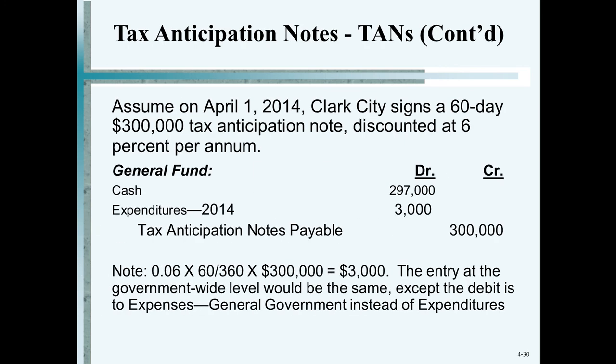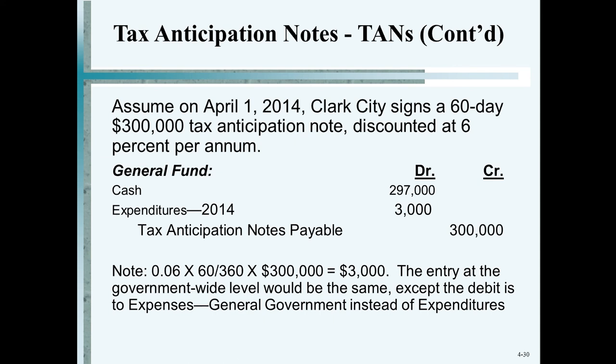Assume on April 1st, 2014, Clark City signs a 60-day, $300,000 tax anticipation note, discounted at 6% per annum. So their cash is, we're going to debit for $297,000. Remember, it's 6%, but it's only a 60-day note.